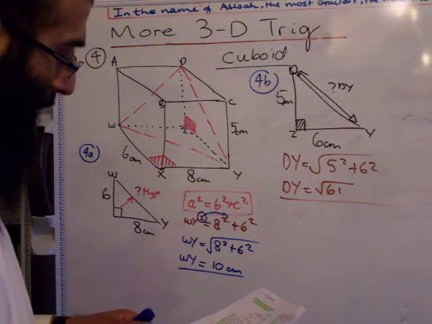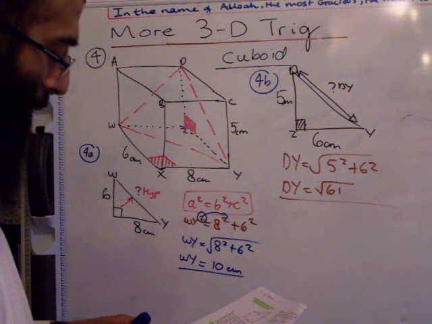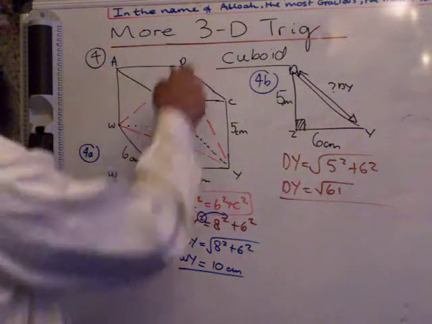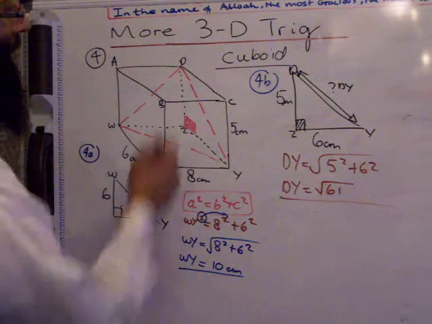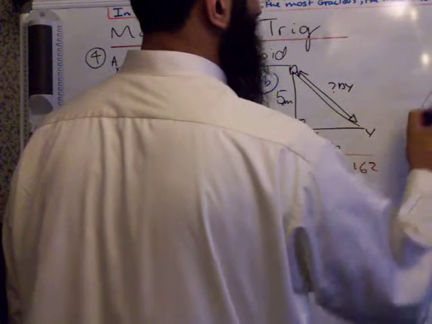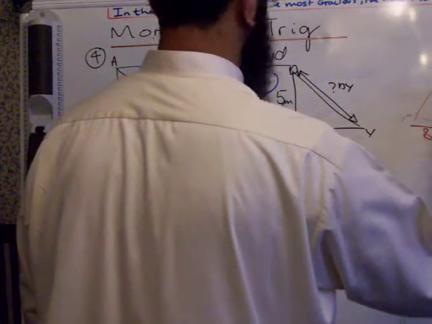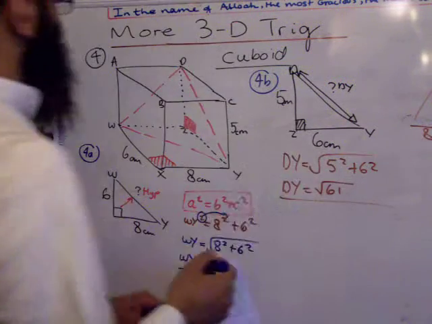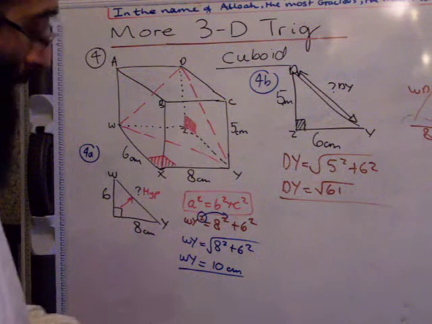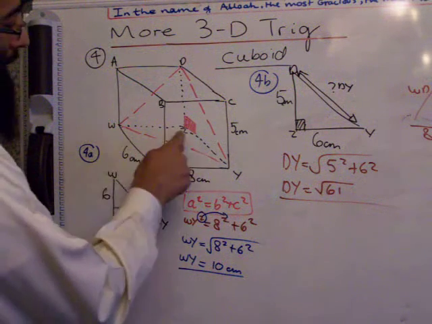Okay, so we worked out WY and DY, now it says WD. Now WD is this length across the back of here, so we have an 8 by 5 triangle this time. Again, from here to there we have another right angle.